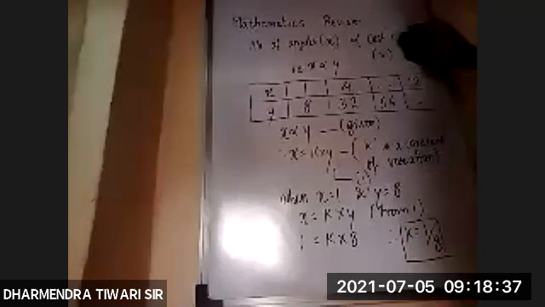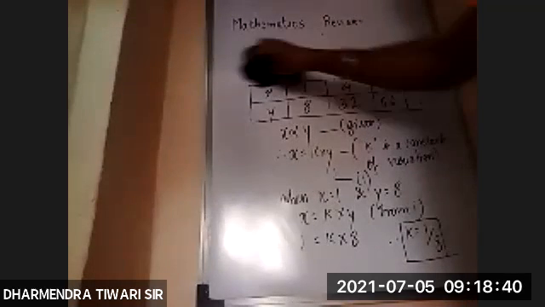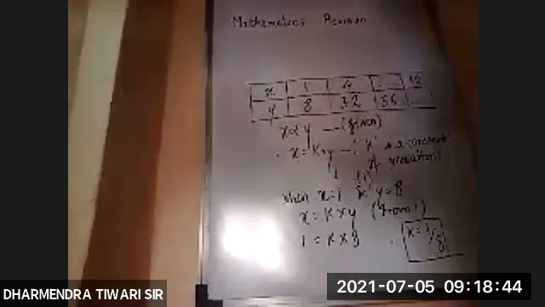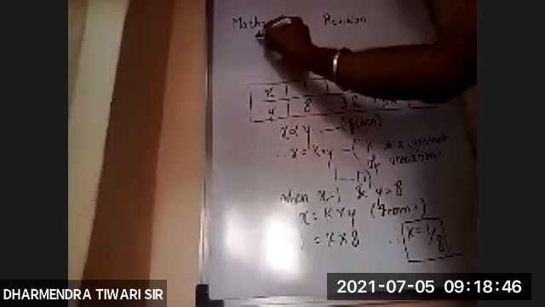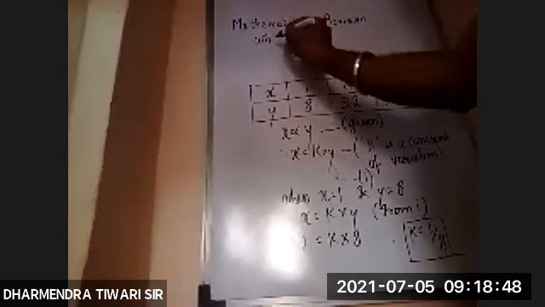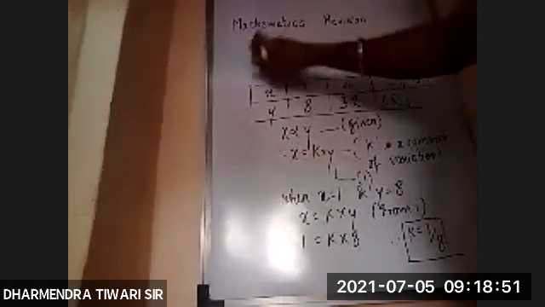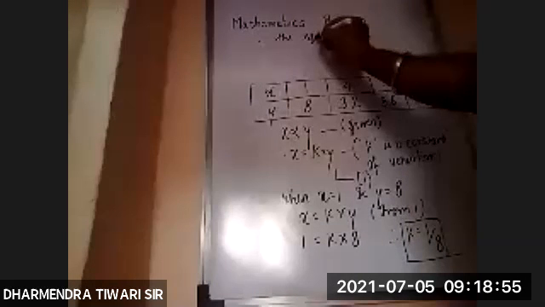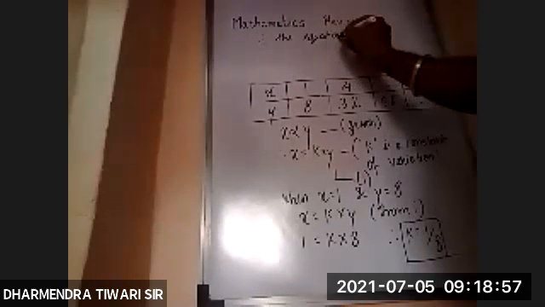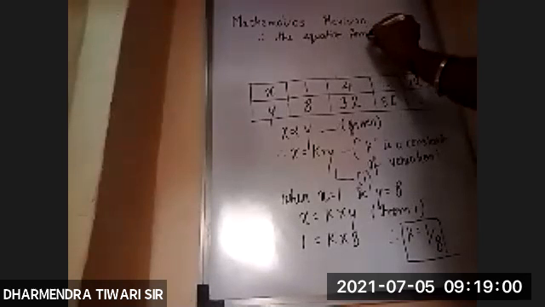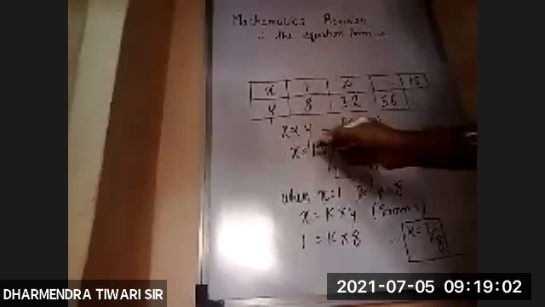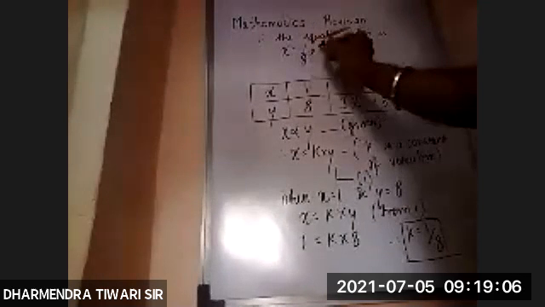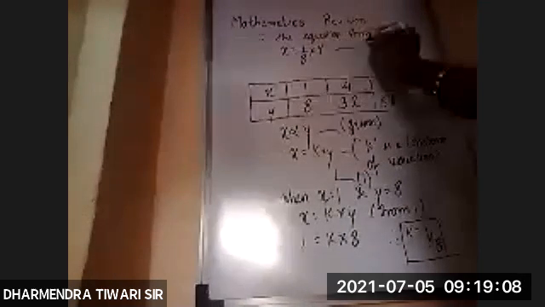So therefore the equation form is x is equal to the value of k as 1 by 8 into y. Let's just say equation number 2.